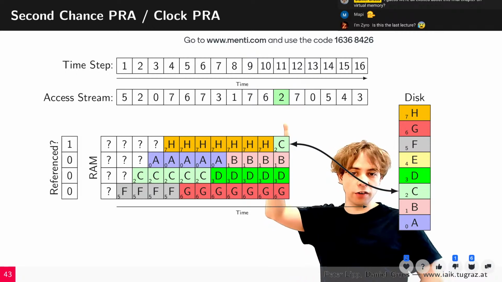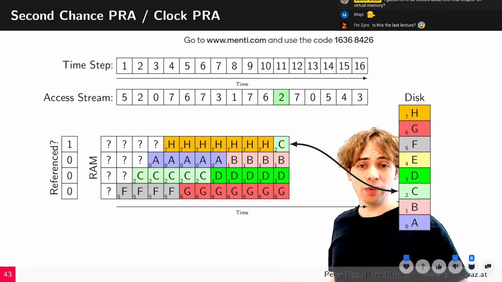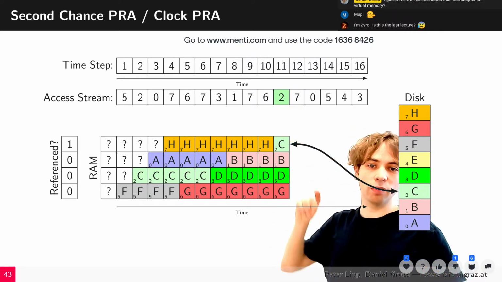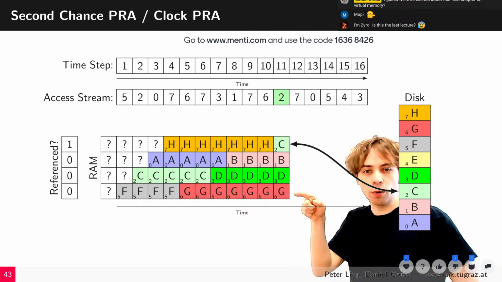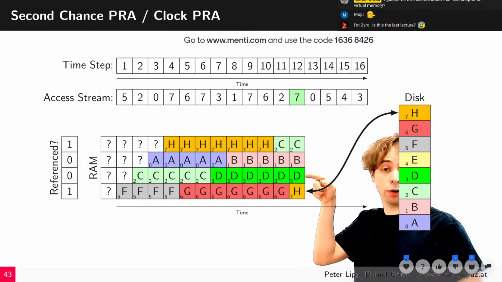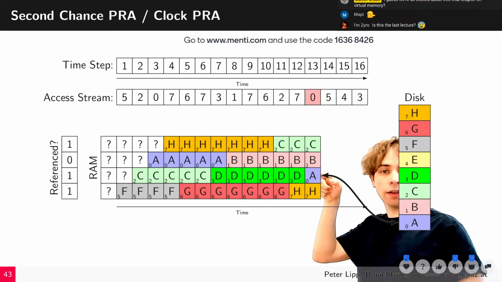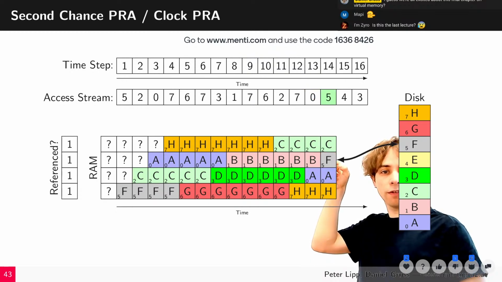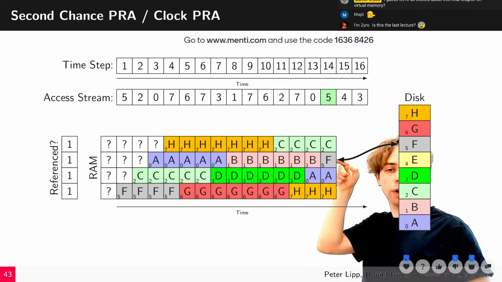Which is really unfortunate because in the next step, we will use exactly that page again, but we just replaced it. So the pointer is now pointing here after the replacement. So this will be replaced next, but 5 has to replace it.